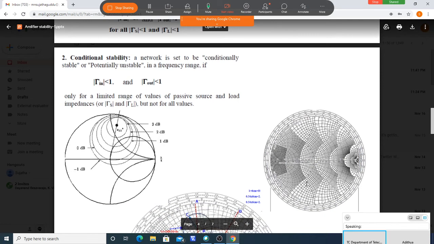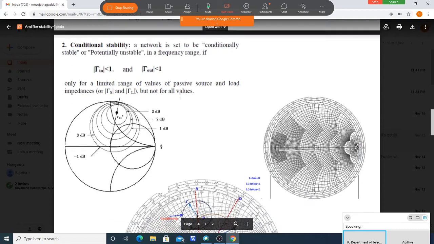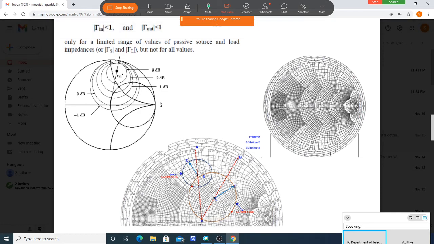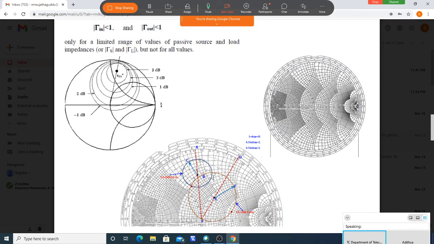So first you should check whether all values are stable. That means unconditional stability. If it is unconditional stability, you can take any value over the circle, because the circle is within the Smith chart. If the entire region gives stable operation, any value over this circle also gives stable operation.